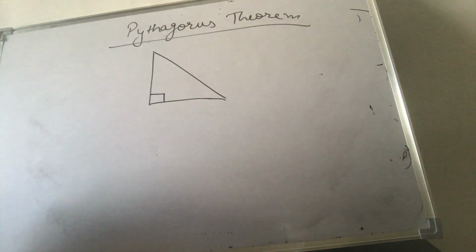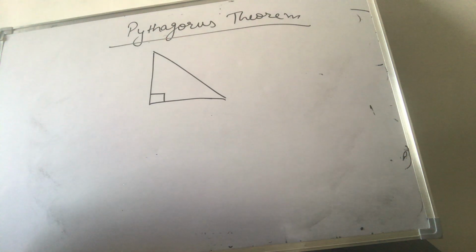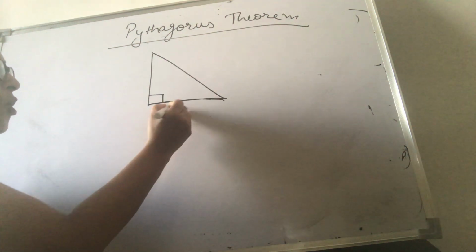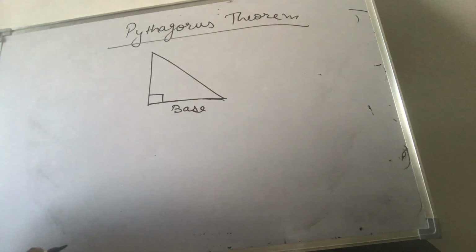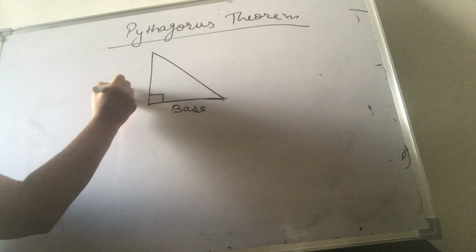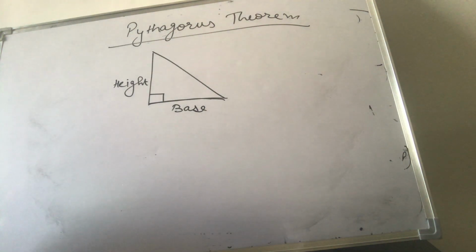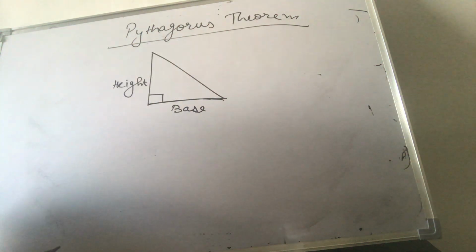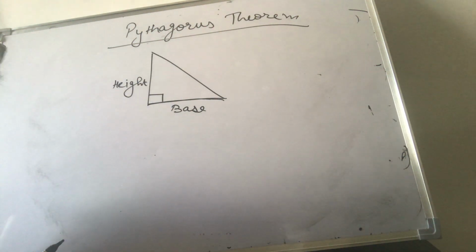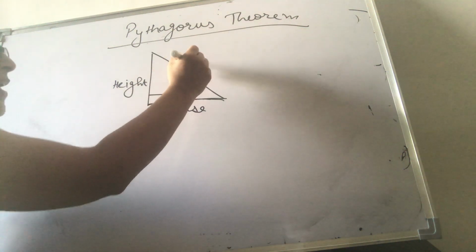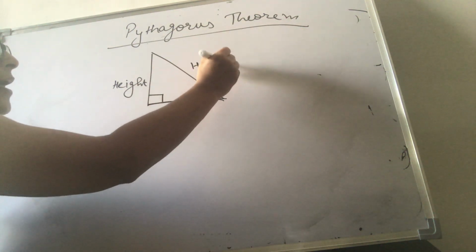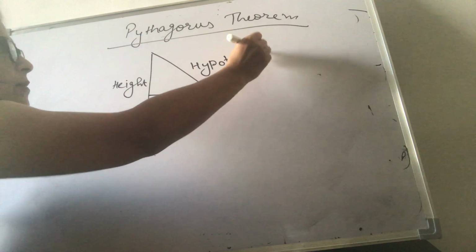This is right angle made at this point. Now there are the names of the sides of right angle triangle. This side is called base of the triangle. This is called the height of the triangle, or you can say the perpendicular word also you can use. And the side opposite to the right angle, or you can say the longest side of the triangle, is called hypotenuse.